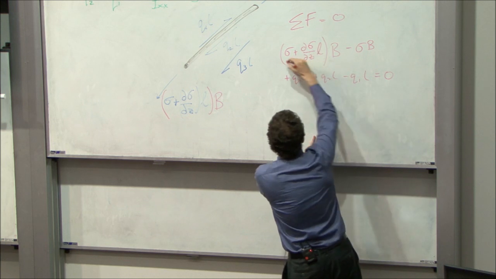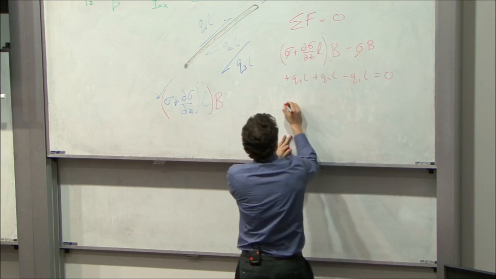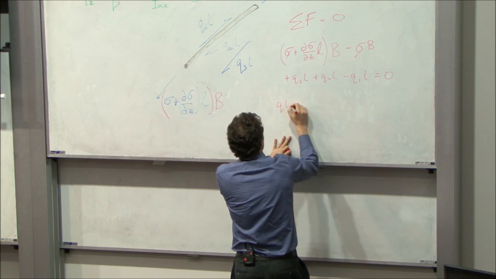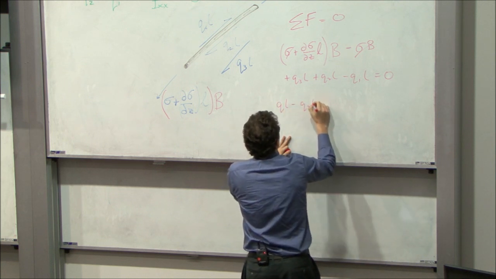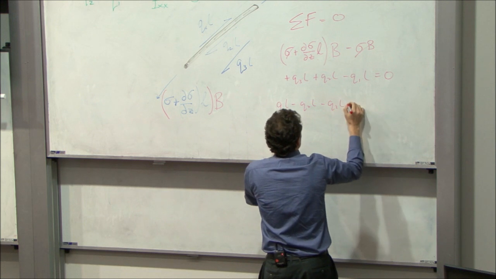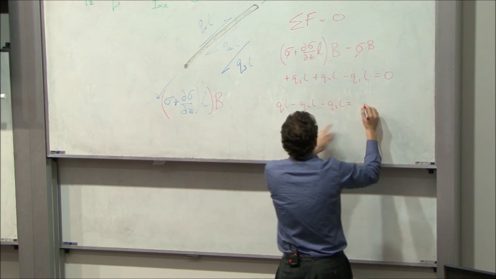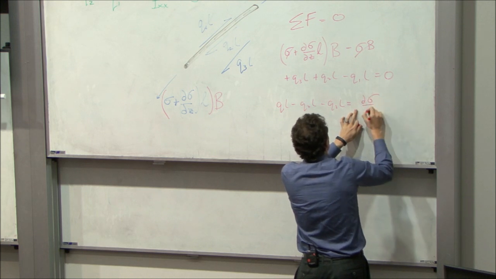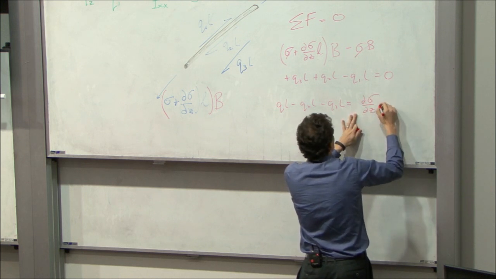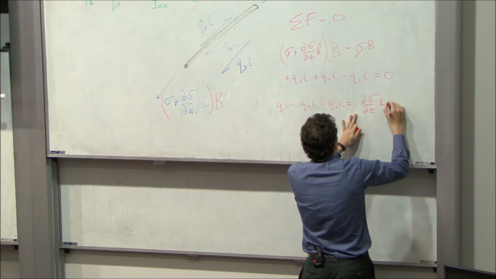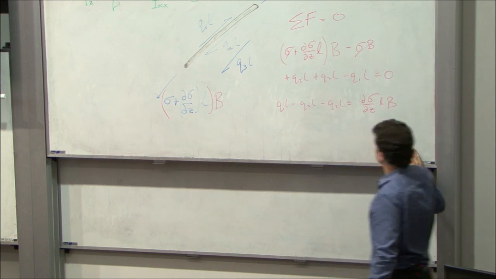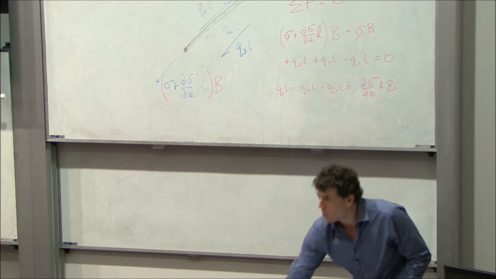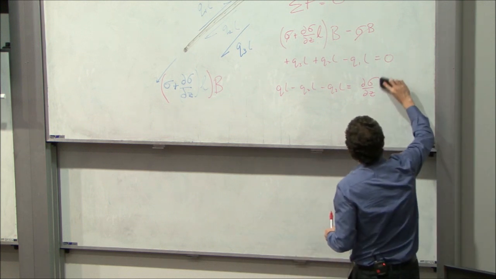The sigmas cancel out, and we end up with, on one side of the equation, Q1L minus Q2L minus Q3L equals d sigma dz L B. And all the L's also cancel out.